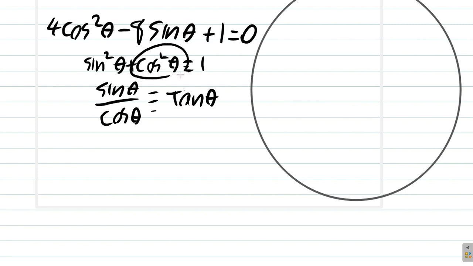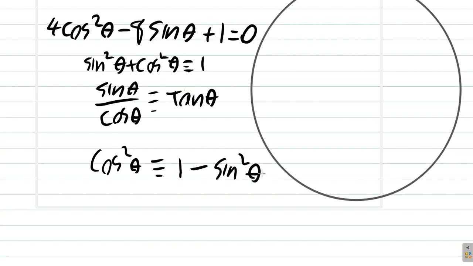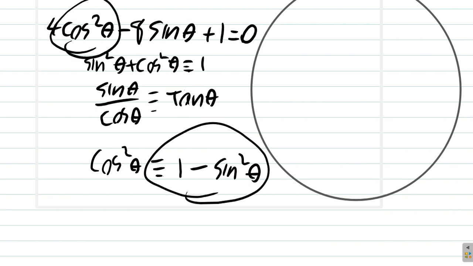Now look at this cos squared theta. Let's transpose for it. Cos squared theta is identical to 1 minus sine squared theta. Alright. So you could rewrite this cos squared theta like this.